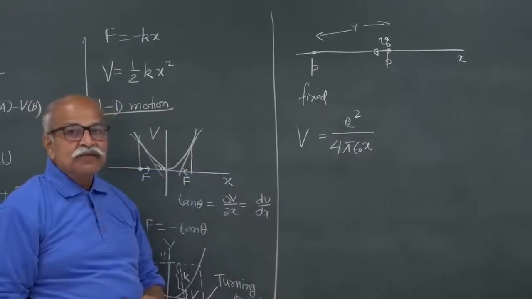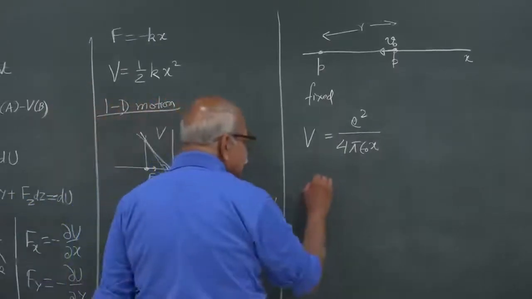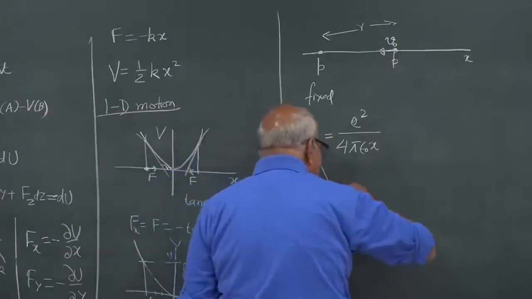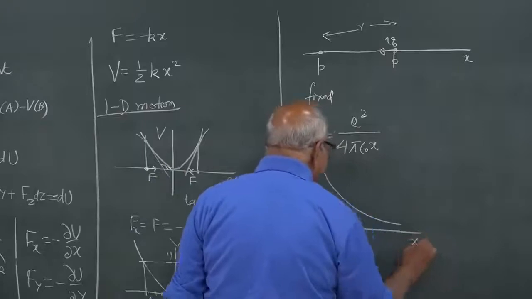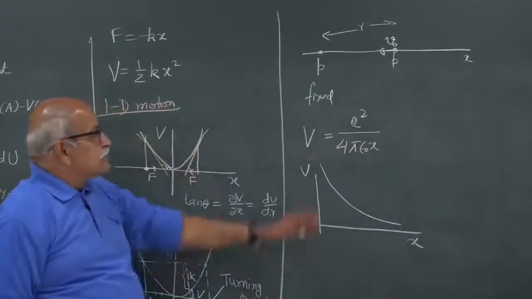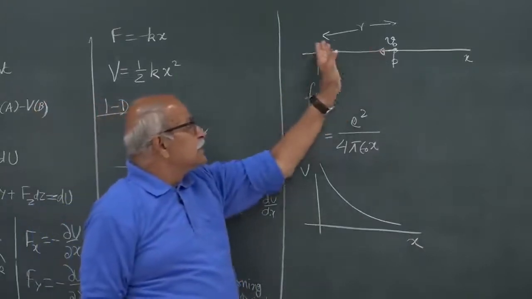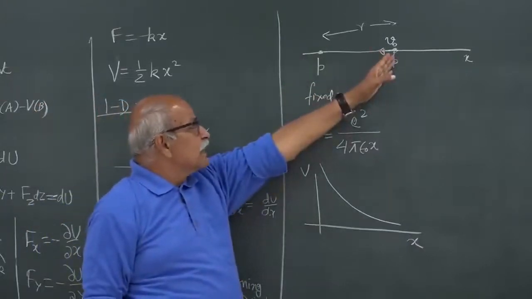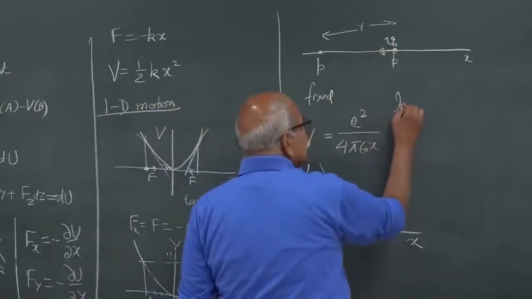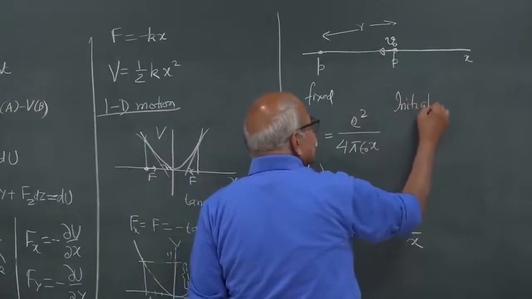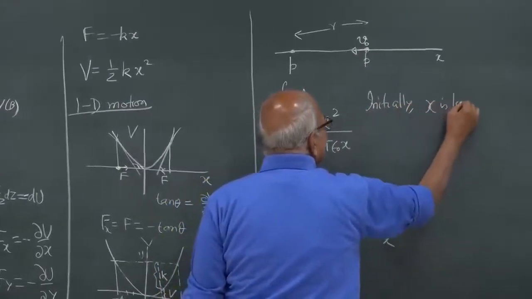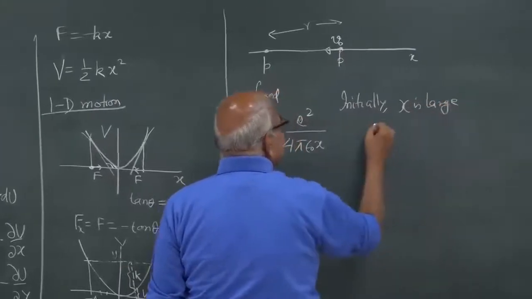If you plot, what happens? It will be a hyperbolic curve. Initially, whatever you call t equal to 0 or so, x is very large and the speed is v naught.